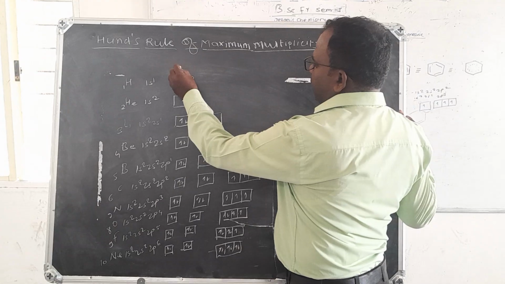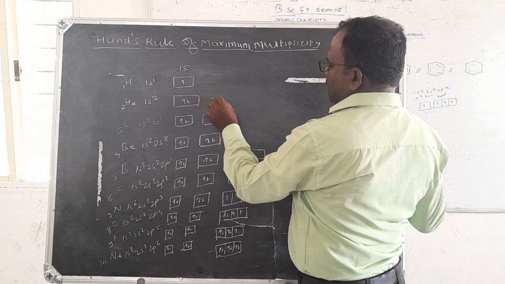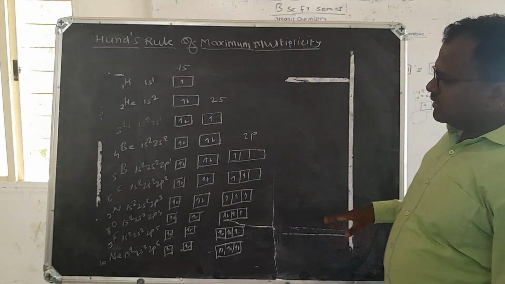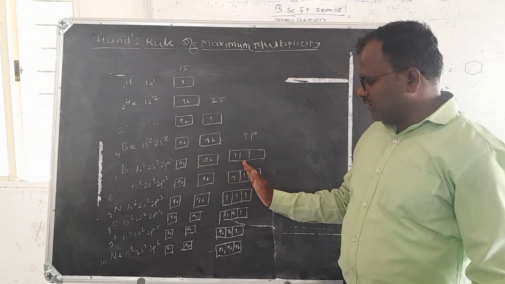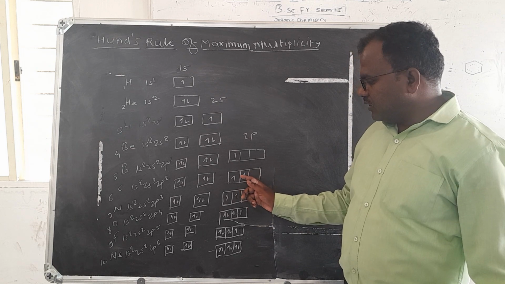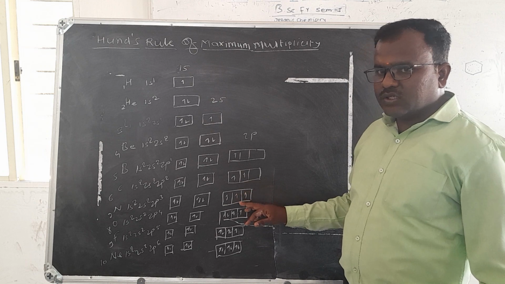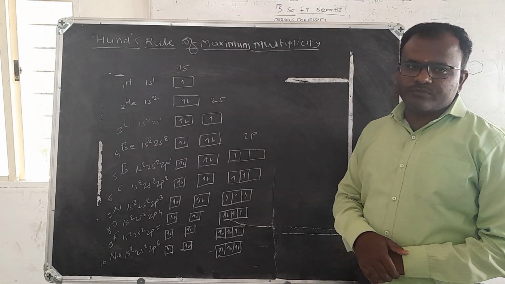Here the orbitals are 1s, 2s and 2p. Firstly, one electron is added in each orbital. After that, the coming electron is added from the first orbital to the last, with opposite spins. This is Hund's rule of maximum multiplicity.